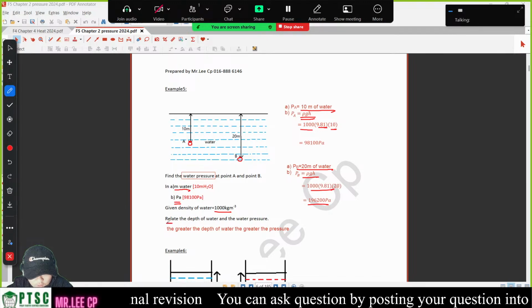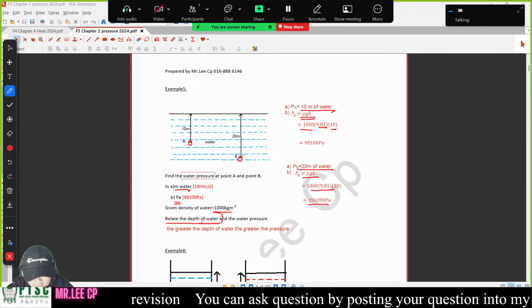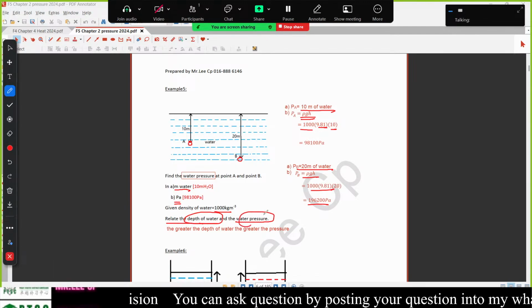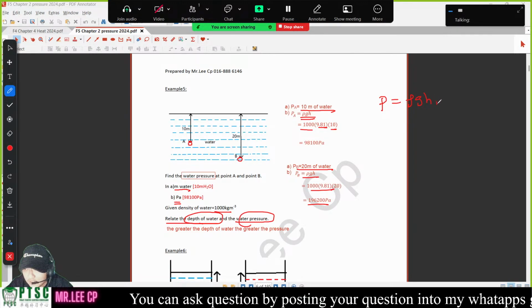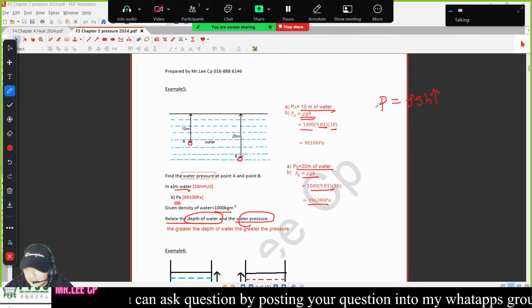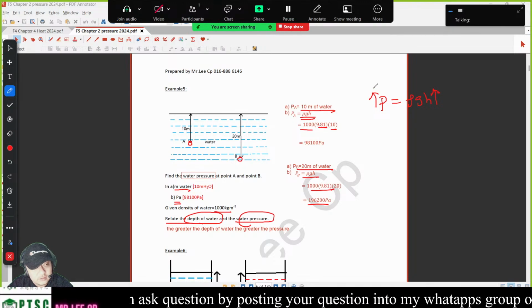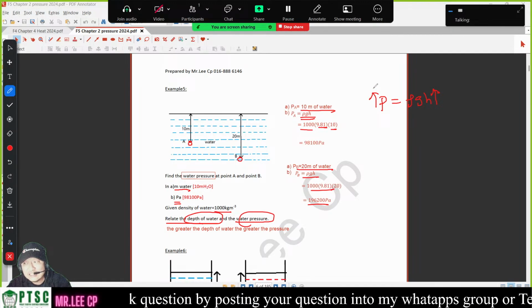What is the relationship between depth of water and pressure? Pressure is equal to rho gh, so the greater the depth, the greater the pressure. The deeper the water, the more the pressure.